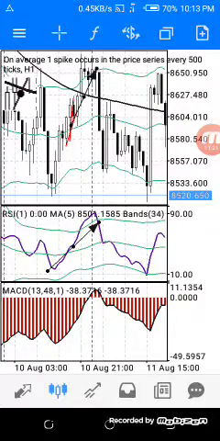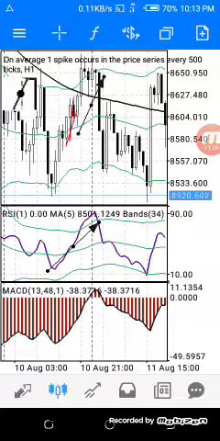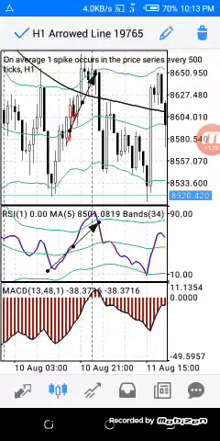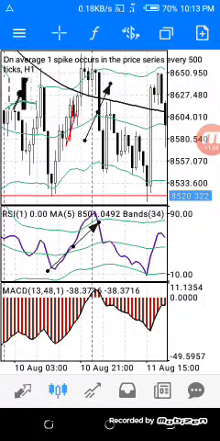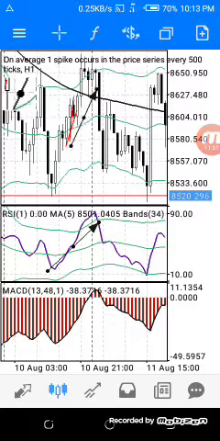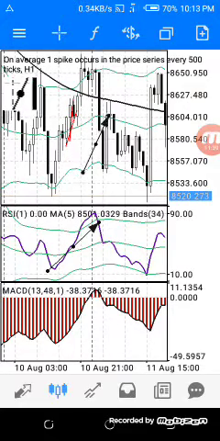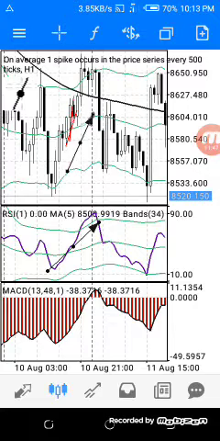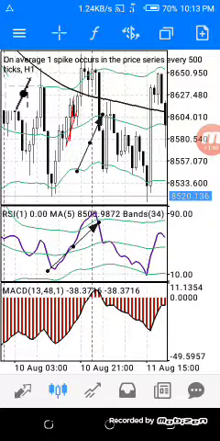So it gives you the signal of selling. So you sell the market, you enter at this point, and you ride the market until it reaches the middle Bollinger Band. And look at how many pips you are going to get, guys, from here to there. A lot of pips, guys.